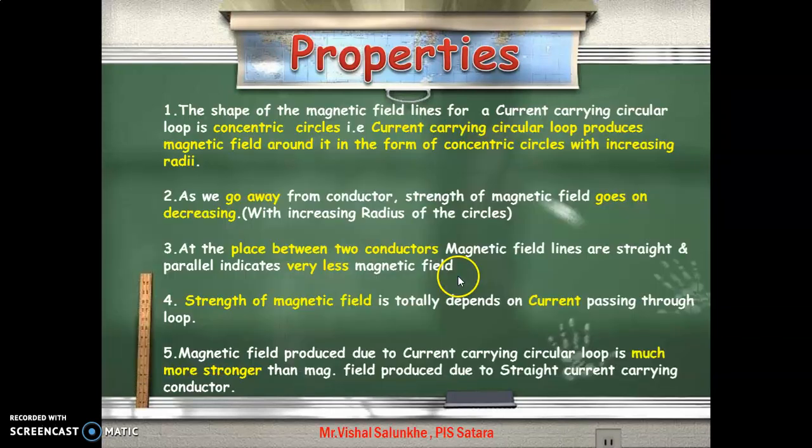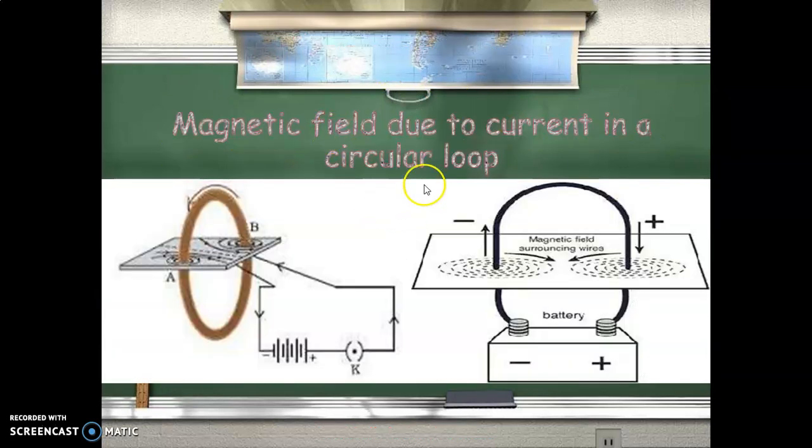So we'll see some characteristics. The first three characteristics are the same as for a conductor. My dear student, the shape of the magnetic field lines for a current carrying circular loop is concentric circles. Means the magnetic field produced by a current carrying circular loop is in the form of concentric circles with increasing radii.